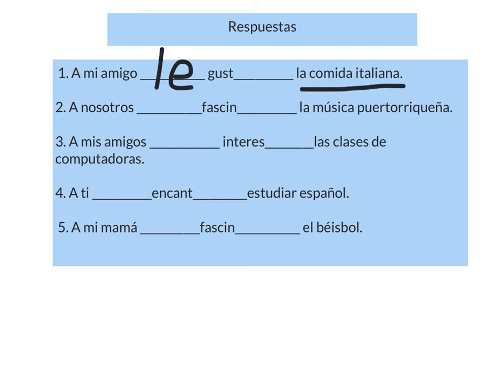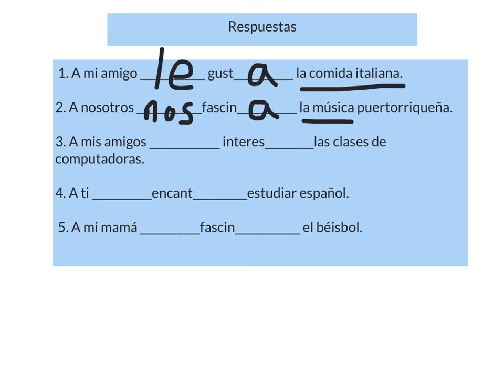La comida italiana is a singular noun, so we will have the conjugation a at the end of our verb. The next one, a nosotros, uses the indirect object pronoun nos. And la música puertorriqueña is singular, so we will also have the conjugation a.